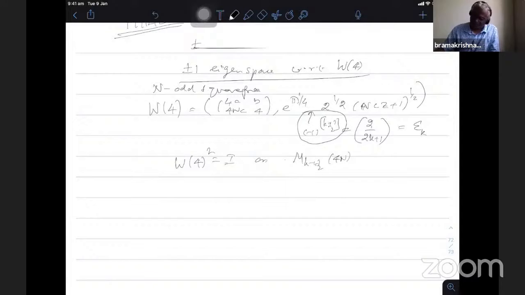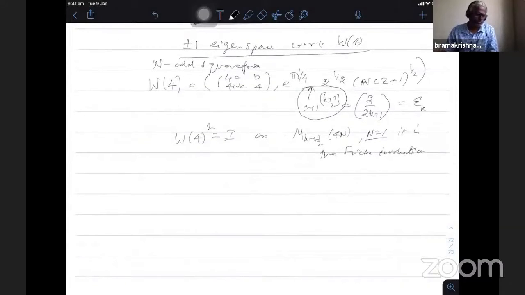Okay. And then this is the Fricke involution. So this is on this, and when n equal to 1, it is the Fricke involution. So that is the matrix (0, -1; 4, 0).